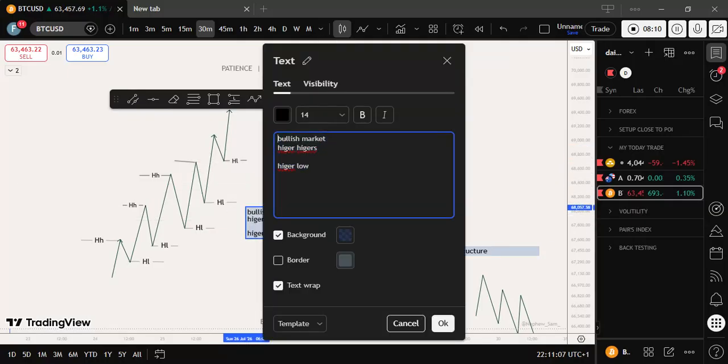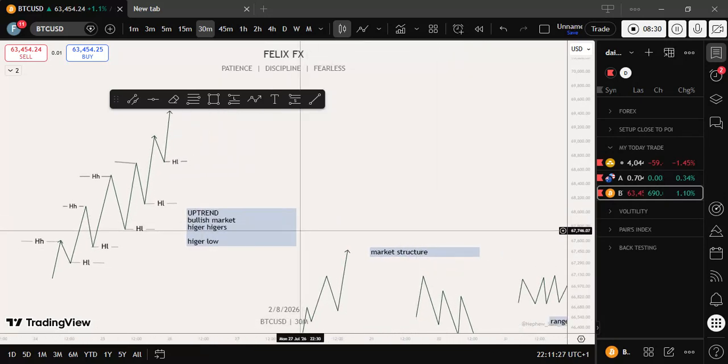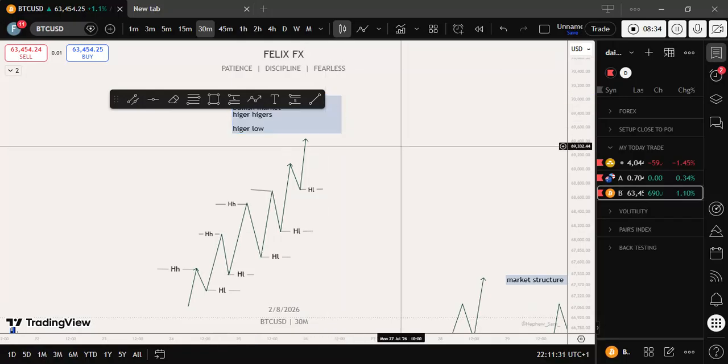Hold on, let me write it so you don't think it's a different thing. Uptrend still means bullish market. When you hear bullish market, it means the market is trending up. Then when you hear bearish market, it means the market is on a downtrend.